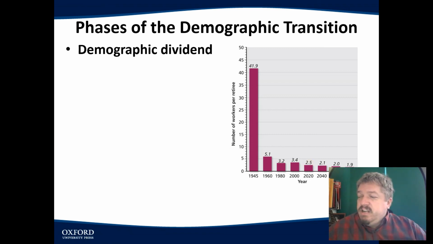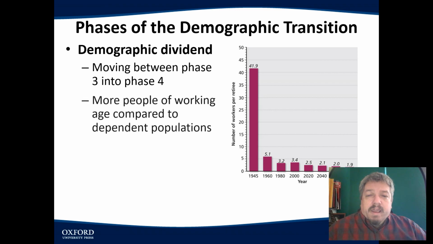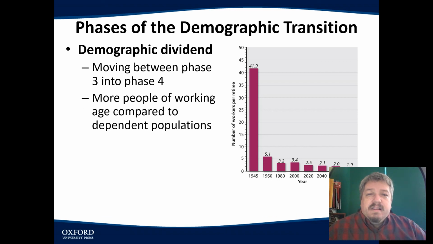So this happens between stages 3 and 4, where you start having more people working than those who are not. And they call it dependent populations. A dependent population is those who are under the age of 18, so children, and those over the age of 65. They depend on people who are between 18 and 65 to support them, right?